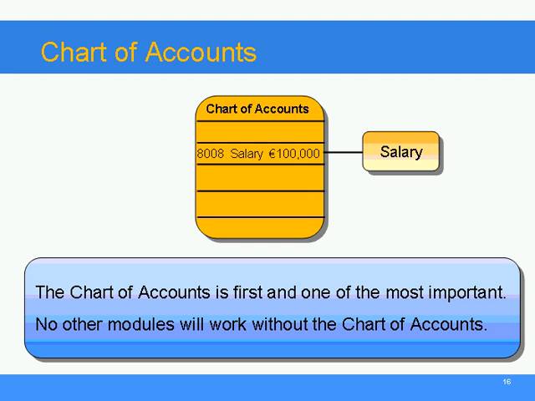Use your chart of accounts to create, manage, and view the company's general ledger accounts in a structured list. The chart of account is the central collection location for daily financial transactions, and this is, as I said, the cornerstone of the general ledger module.